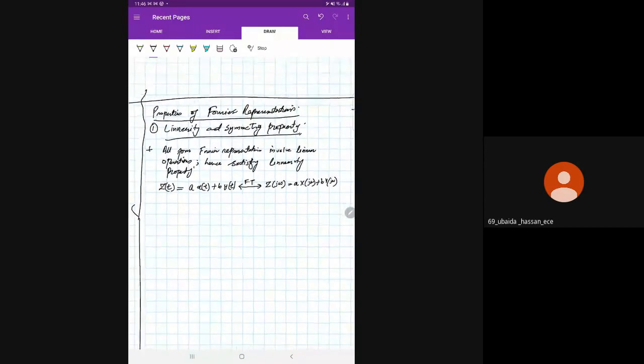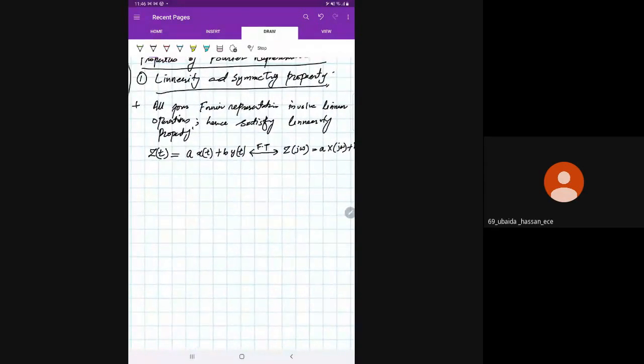The second thing: we have another signal, for example a Fourier series signal. So we have a signal z of t, which in the time domain is equal to a times x of t plus b times y of t. If we want to take the Fourier series of this signal, the Fourier series of x of t is represented by x of k.